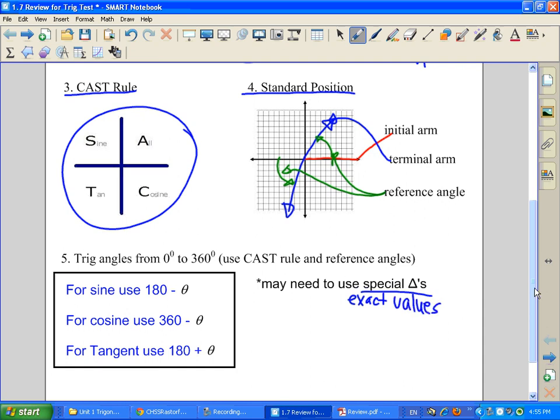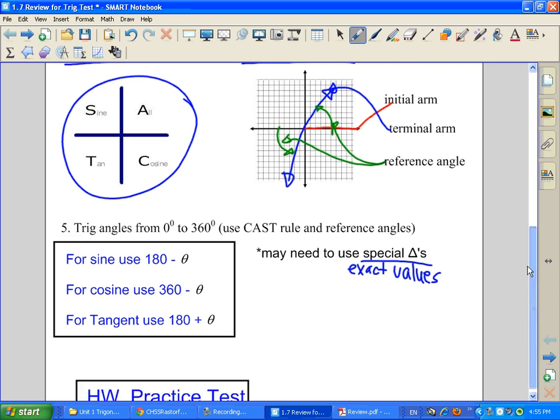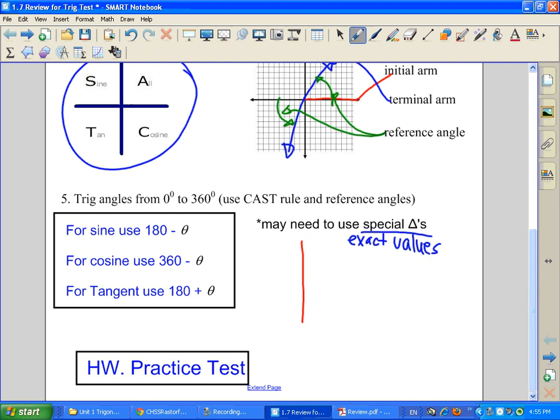As long as you remember, ladies and gentlemen, your CAST rule, this isn't completely necessary, but I'll show you how we take a look at this. If you've got your CAST rules, and you're looking at sine, sine is positive in the first quadrant, or it's going to be positive in the second quadrant.